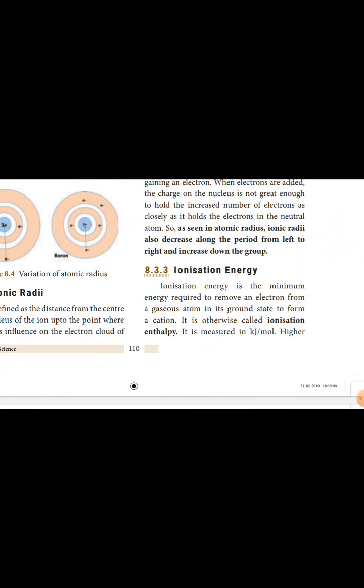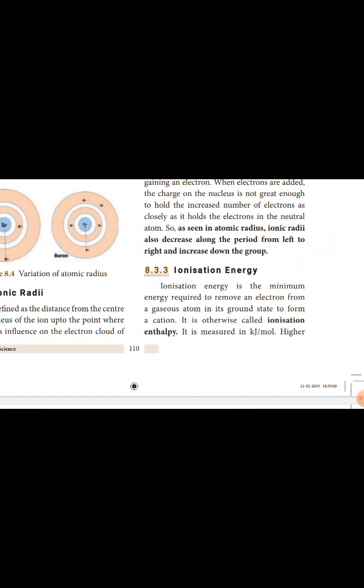Ionic radius increases because the charge on the nucleus is not great enough to attract the increased number of electrons. So the atomic radius and ionic radius decrease when you go from left to right in the periodic table.